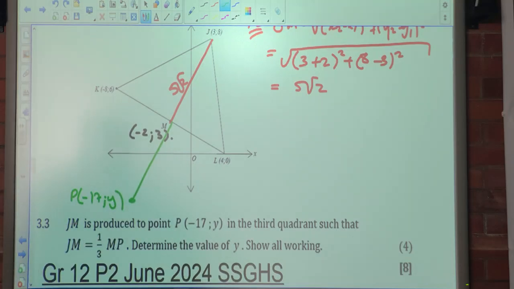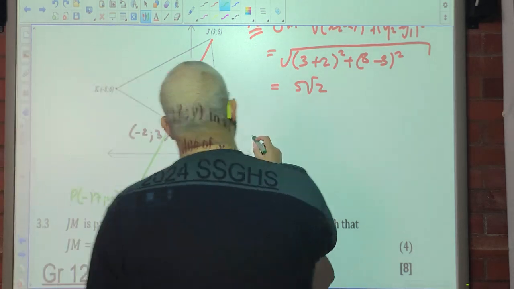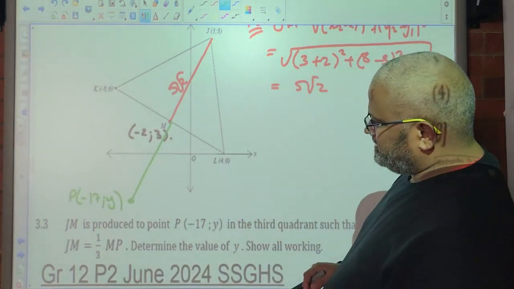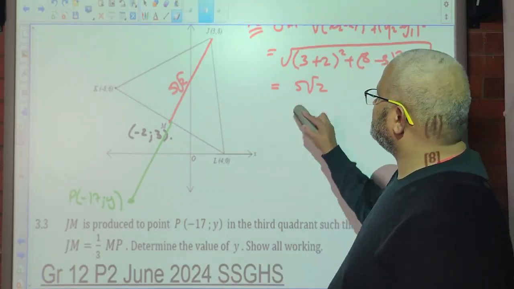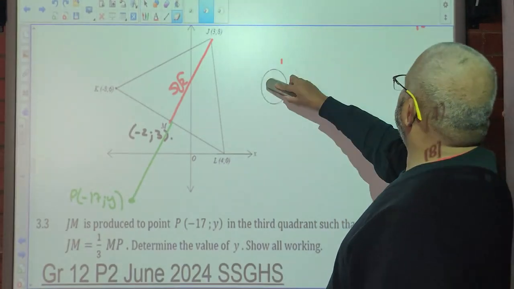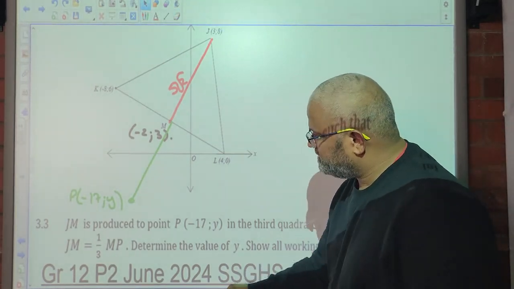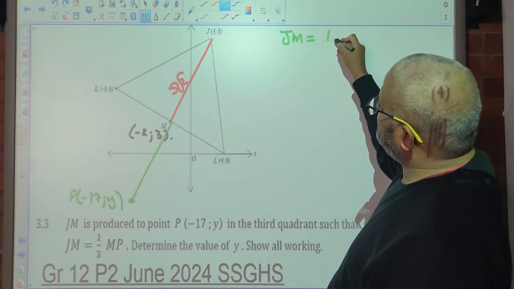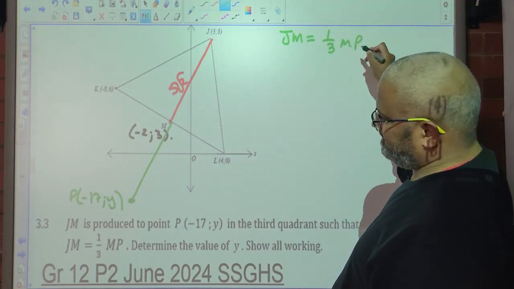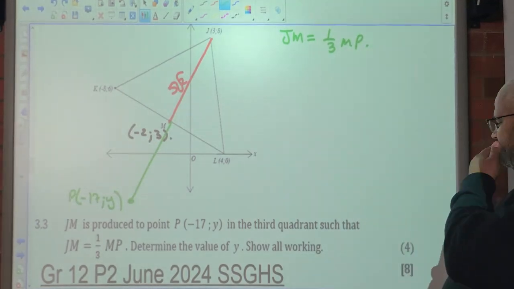Alright. In the third quadrant, such that JM is equal to a third of MP. That's something very important there. So JM is equal to a third of MP. Determine the value of y.